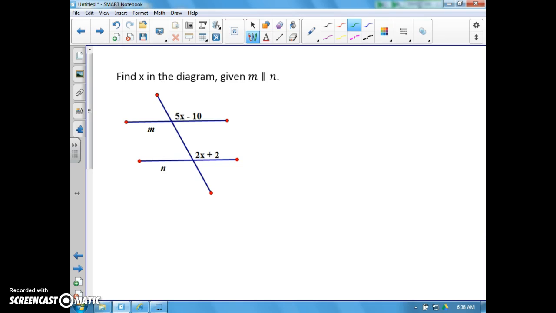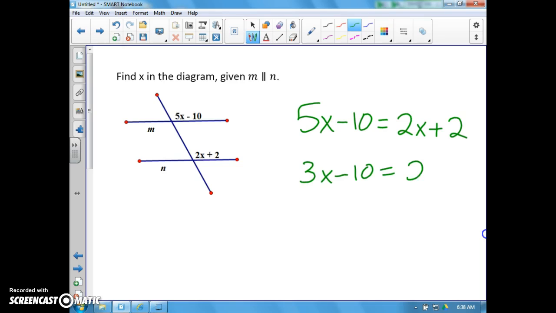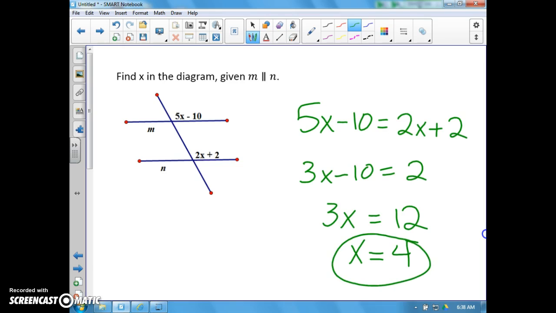I am going to set 5x minus 10 equal to 2x plus 2, and we're going to solve. So I'm going to subtract the 2x over, and then I'm going to add the 10 to the other side, and I end up with x equals 4 as my answer. So because corresponding angles should be congruent when lines are parallel, I was able to set them equal to each other and solve for the variable.